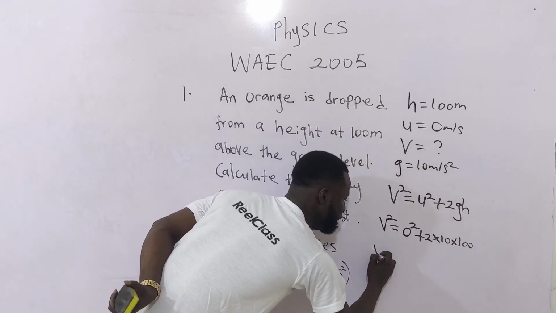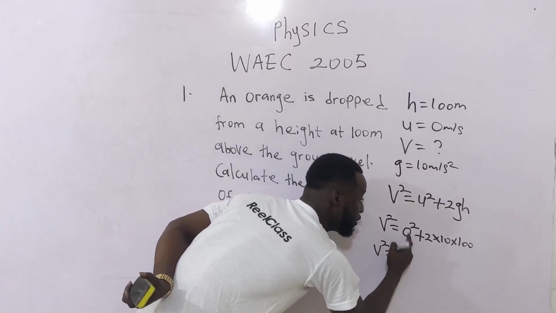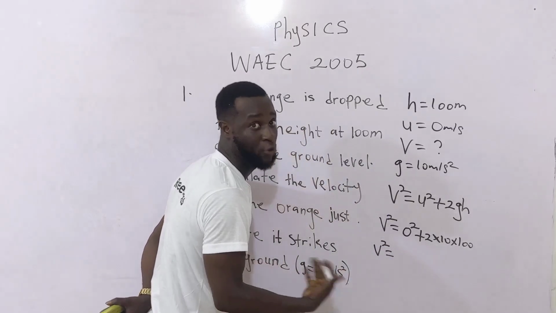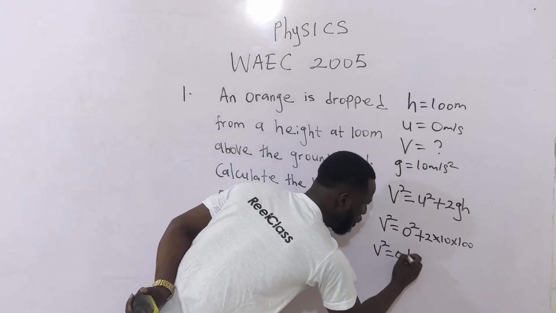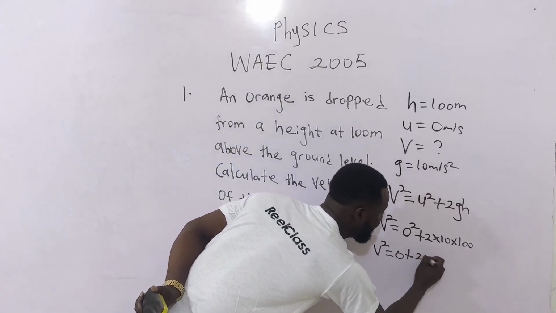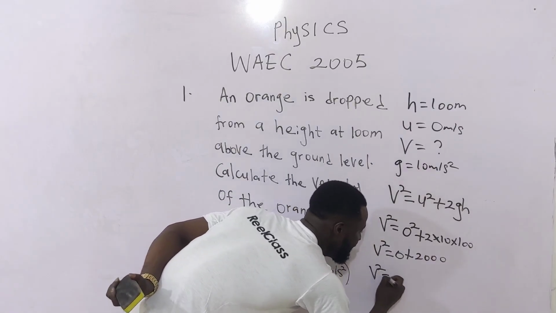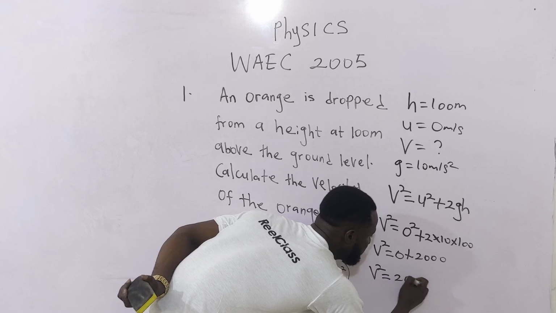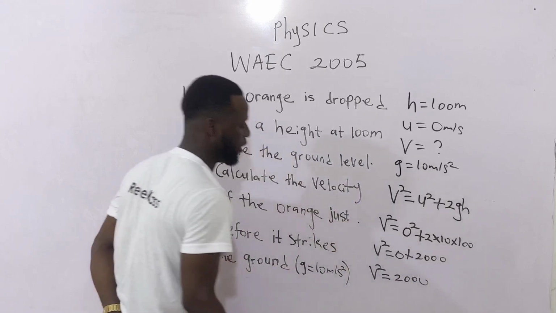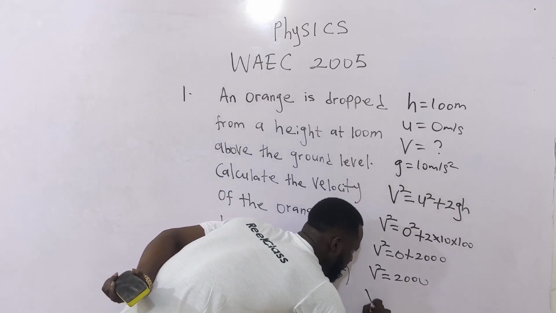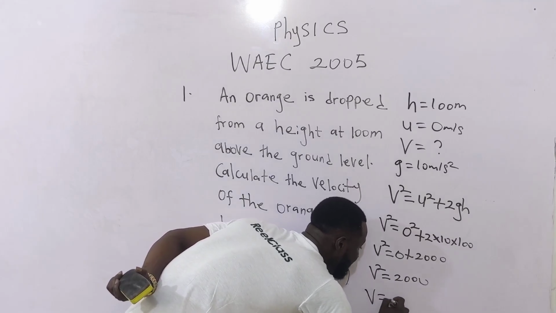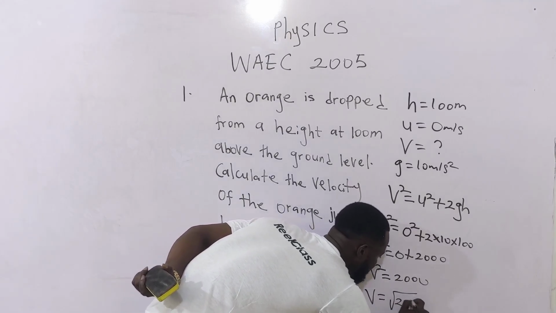This is going to be v squared is equal to 0 squared, which is 0, plus everything here will give me 2000. So v squared is equal to 2000, because 0 plus 2000 is 2000. Therefore, v is now equal to the square root of 2000.